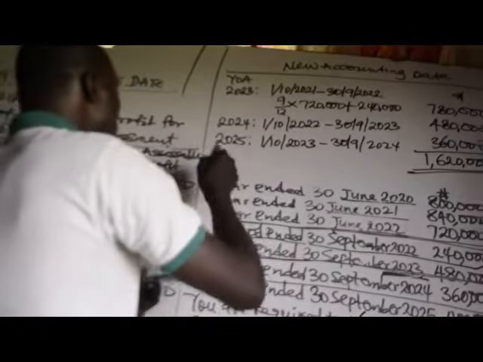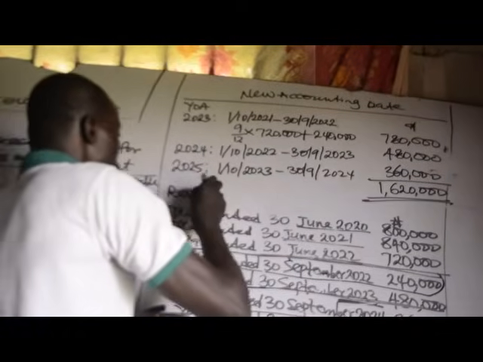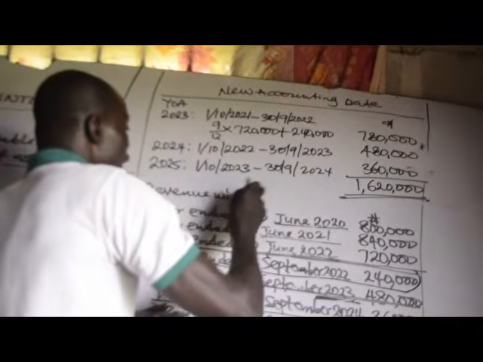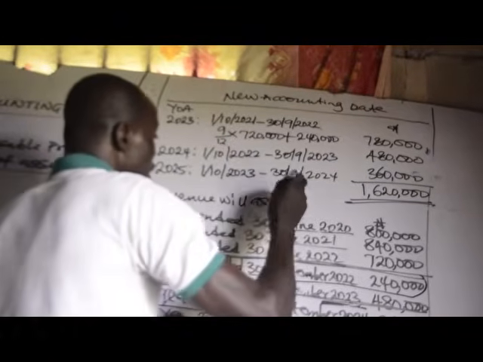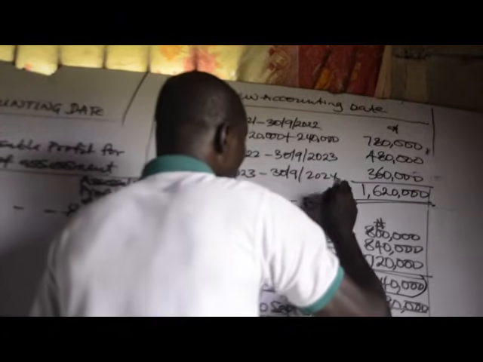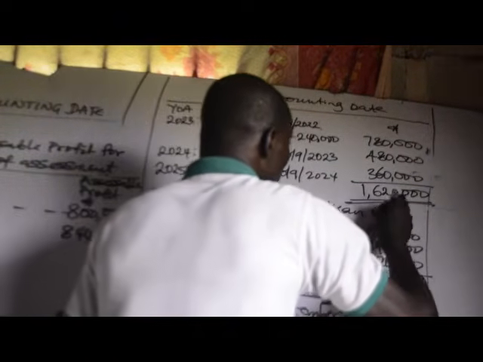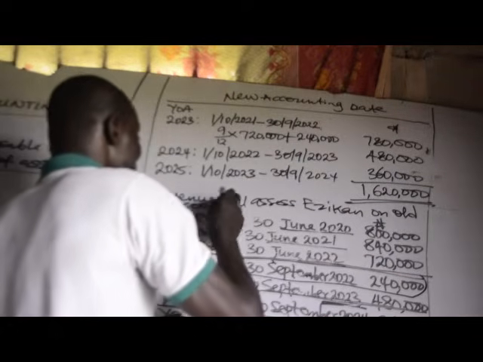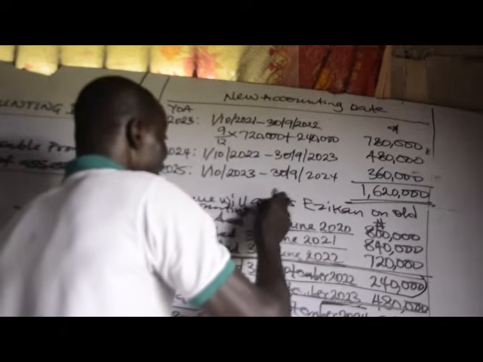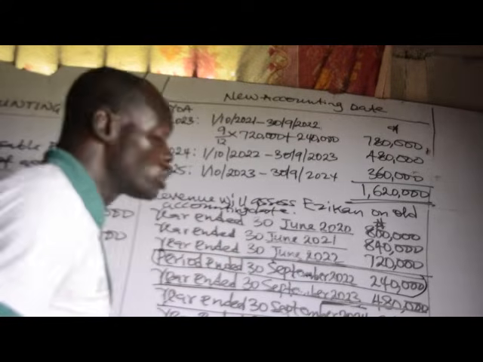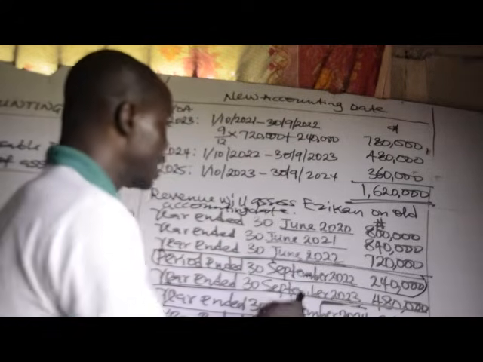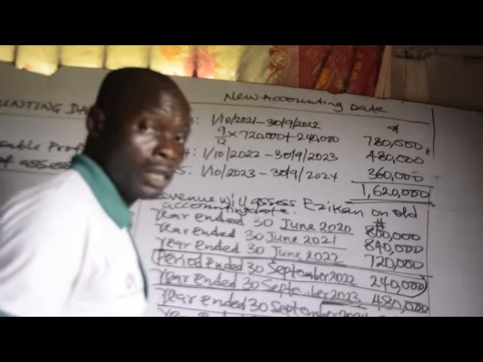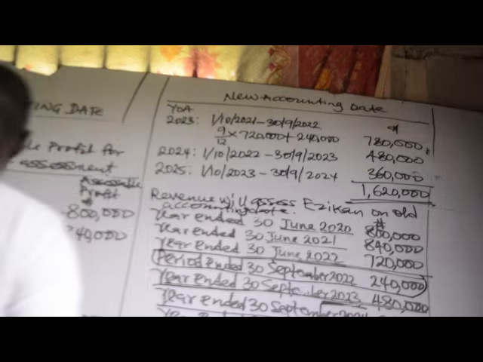So revenue will assess Ezikan on the old accounting date, since this produces the higher assessable profit for the 3 years identified.